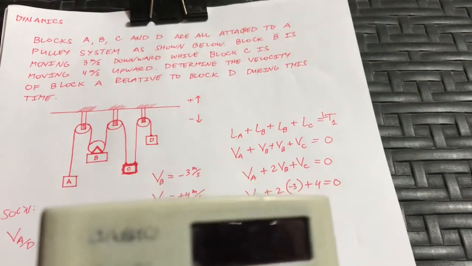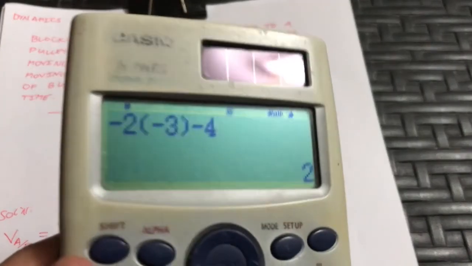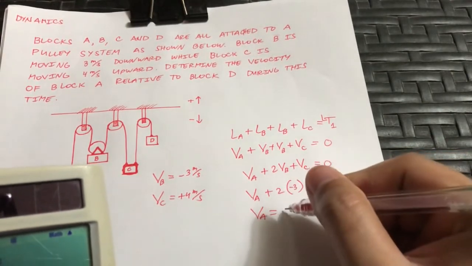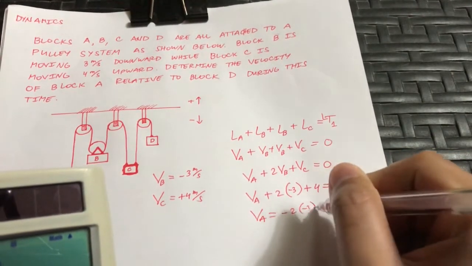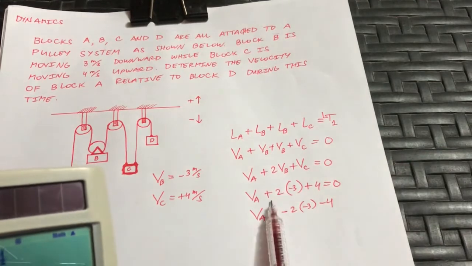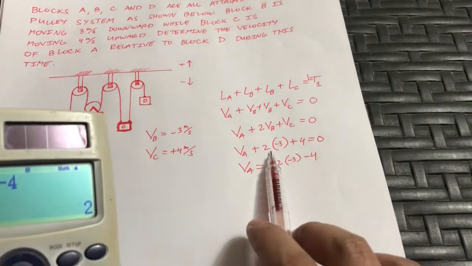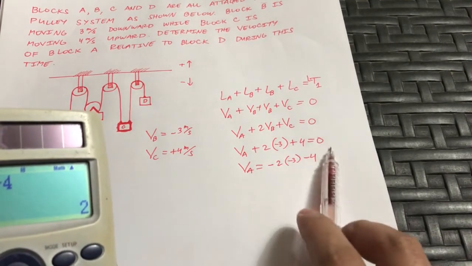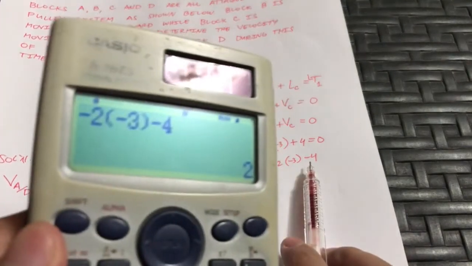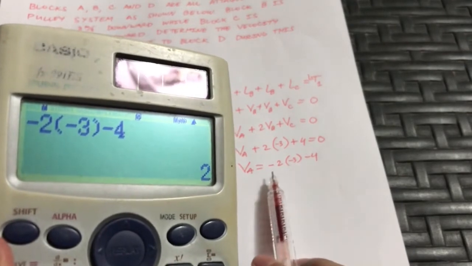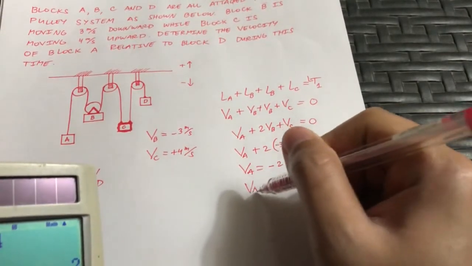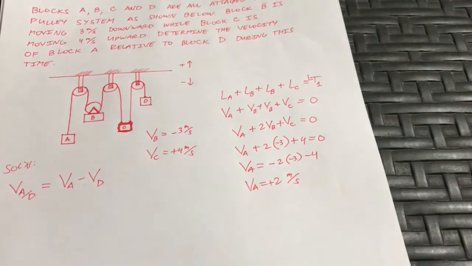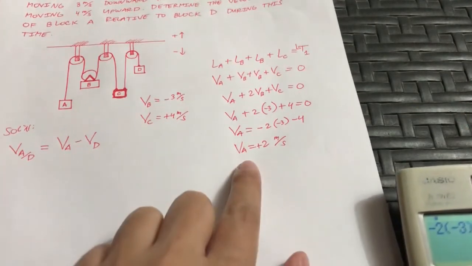We transfer to the other side: the positive 2 becomes negative, and negative 3 becomes negative. So VA is 2 meters per second positive, meaning it is going upward. So we now have our VA.